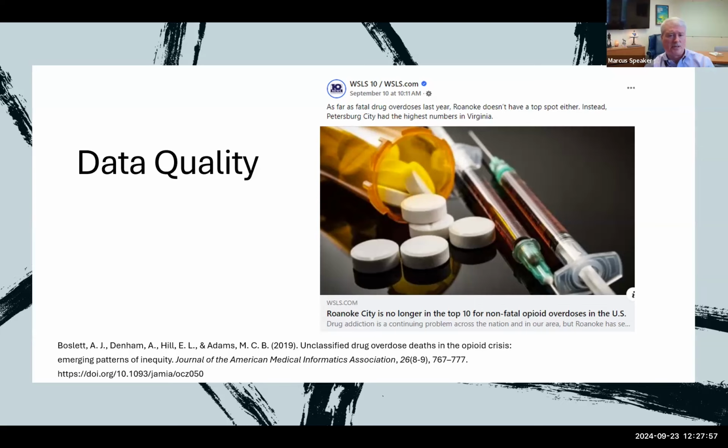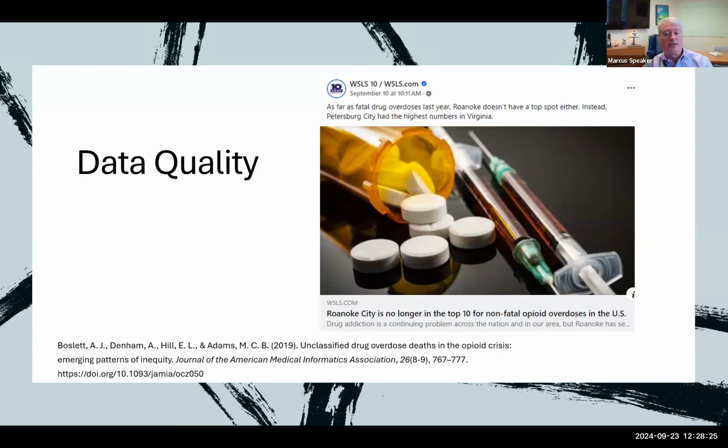Also, racial and ethnic minorities were less likely to have unclassified drug overdoses, and so without having the full picture, if we're going to target interventions in specific counties, not having a full data set may lead to mistargeting.